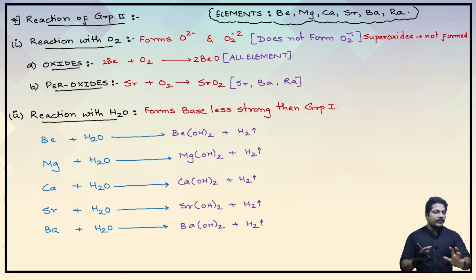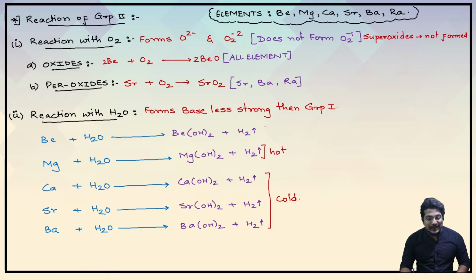Now, a very important thing that we need to remember over here, that's very crucial. Check करते हैं क्या. If you talk about calcium, strontium and barium, these three elements would react with cold water. इन्हें cold water भी चल जाएगा, कोई problem नहीं है इनके साथ. But then if you talk about magnesium, magnesium requires hot water and beryllium requires steam.